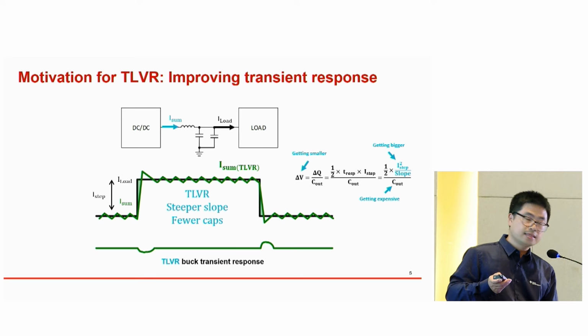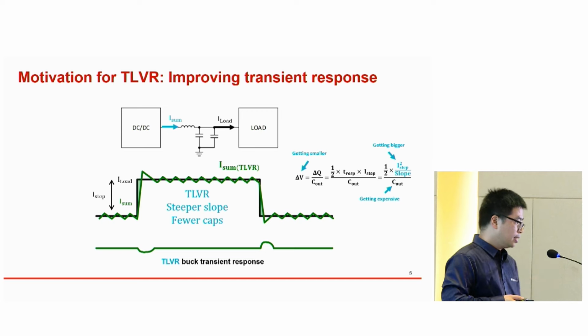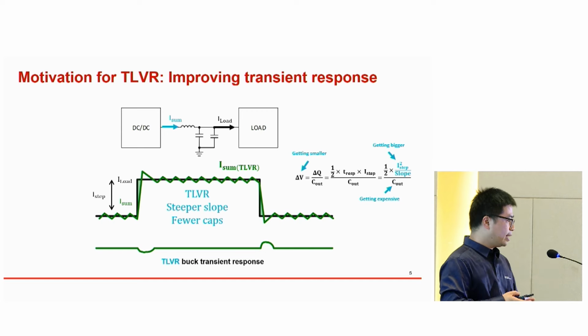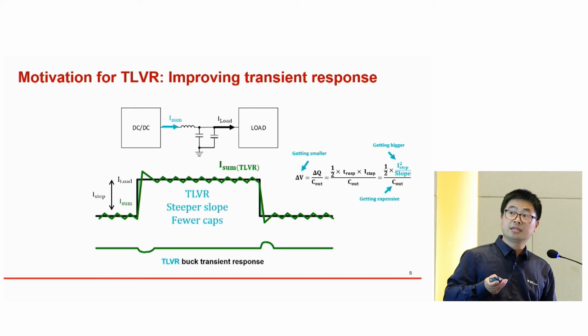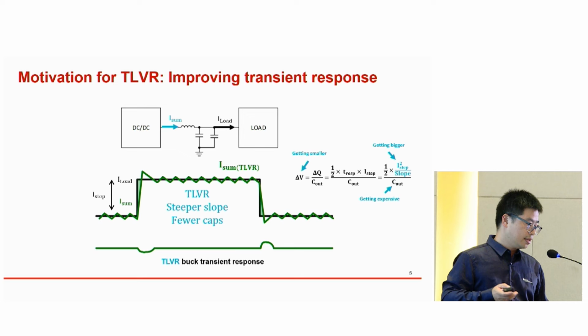Just like using a small inductance value, but with the TLVR achieving the fast load transient, the TLVR will have much lower capacitance.